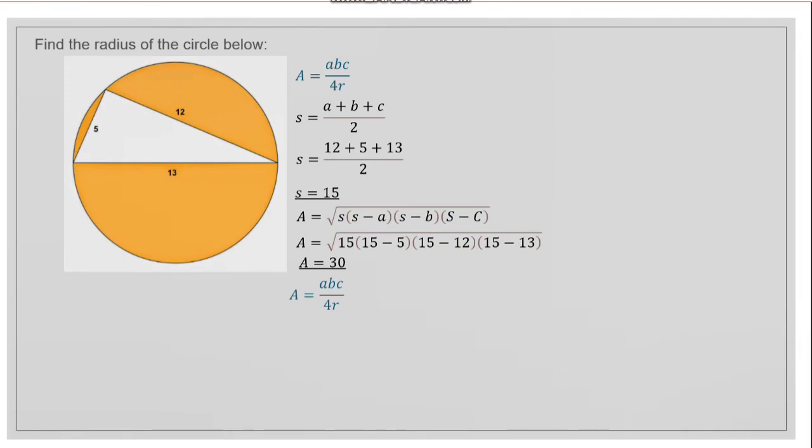So we can now substitute the given values. So 30 equals 5 times 12 times 13 over 4R. So if we're using shift solve in the calculator, we get R is equal to 6.5.